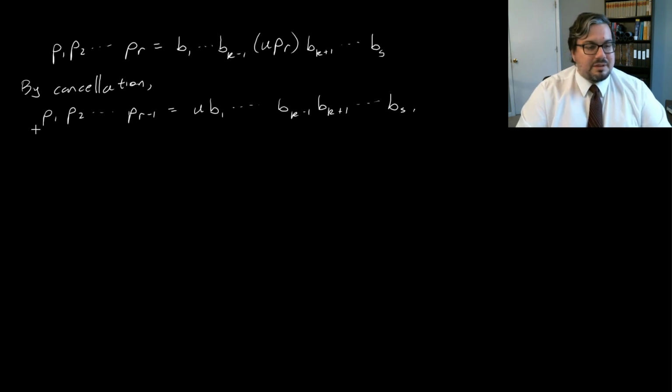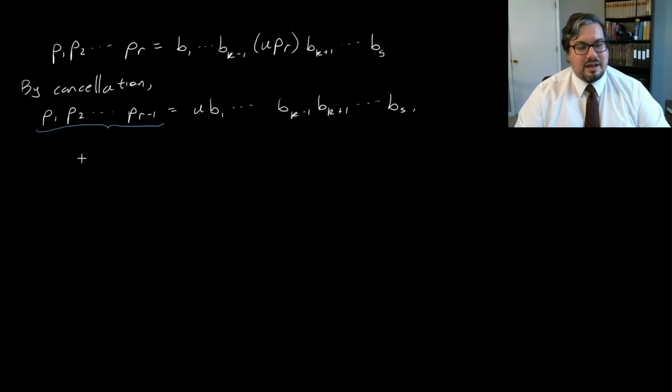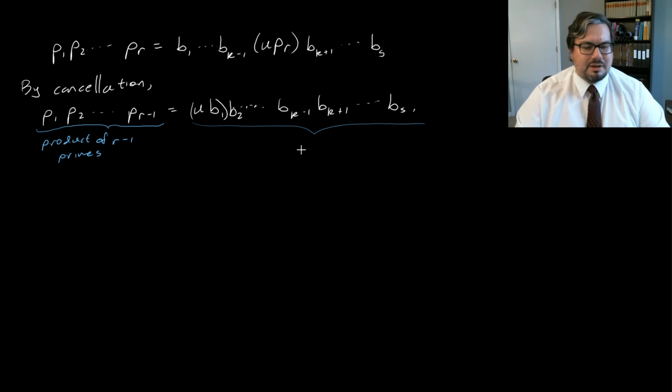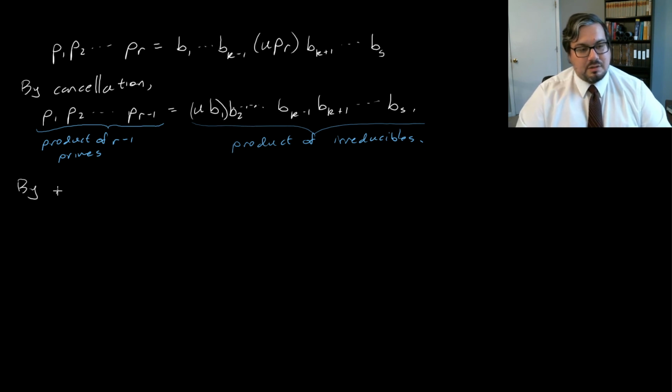So now this left-hand side is an element that is expressible as a product of r minus 1 primes. And this right-hand side, when we group up the U and the B1 together, is a product of irreducibles. So we can use induction at this stage.